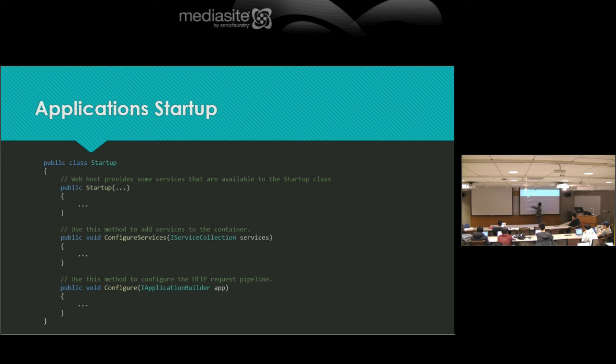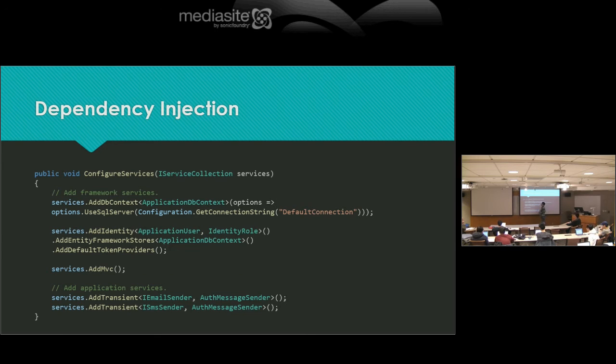In the Startup class, you have two important methods. The first one is ConfigureServices. ConfigureServices is related to the dependency injection pattern that's used throughout the ASP.NET Core project. Instead of the traditional way of managing dependencies, where a class uses some other object and directly instantiates it, the object is provided by something else that figures out what you want.